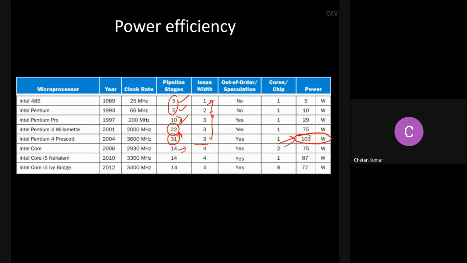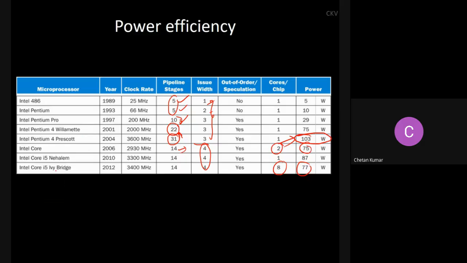You have only 14 pipeline stages compared to 31 or 22, and you increase the issue width to maybe 4, and you have more cores per chip now. With more cores per chip, the power consumption is somewhat less compared with a single core version, so you are able to get good power for a similar performance with respect to execution. This is just to give an idea about that.